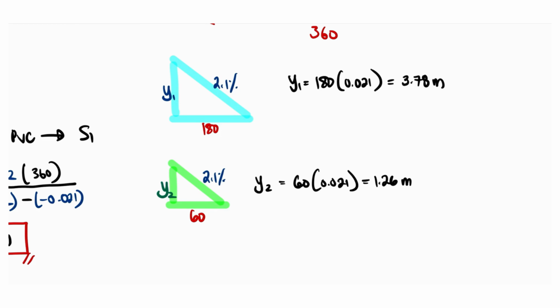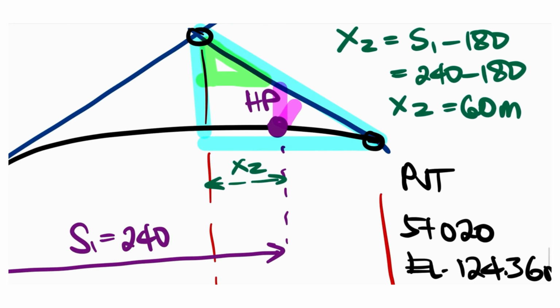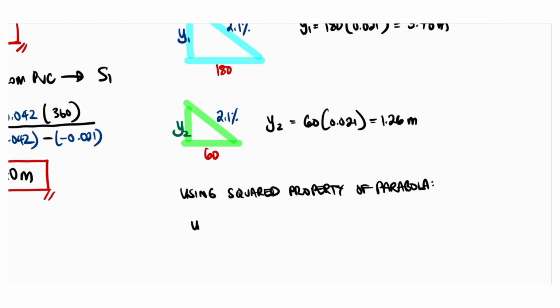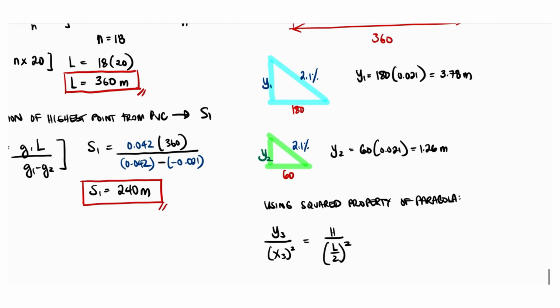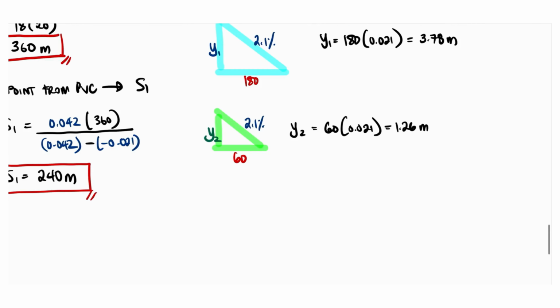Lastly, we need to determine the vertical distance from the base of the second triangle up to the highest point on the curve, which we will denote as y3. Using the parabolic property, the relationship can be expressed as y3 over the square root of x3 is equal to h over the square root of L over 2. However, before solving this equation, we first need to determine the value of h, which represents the total height of the curve.